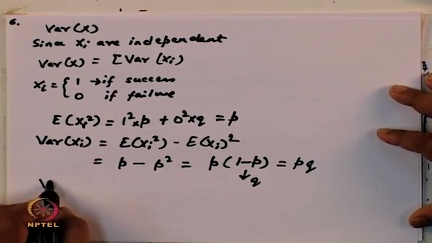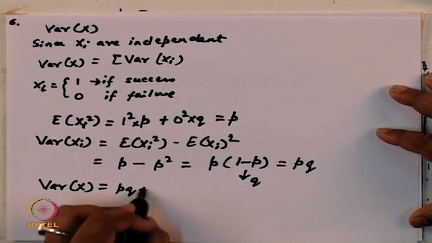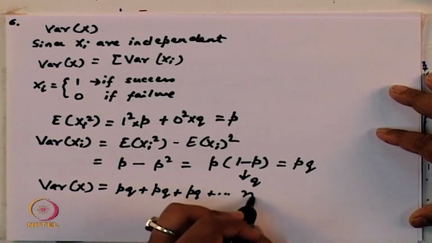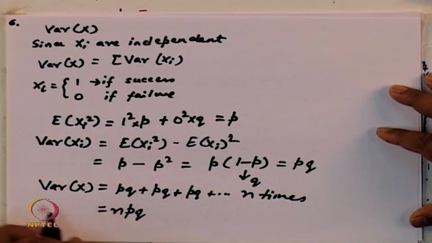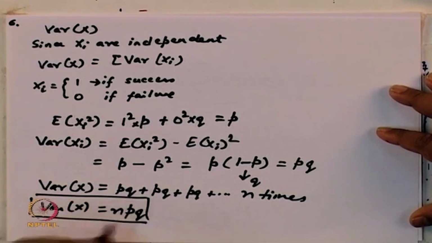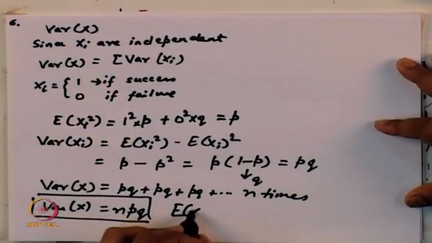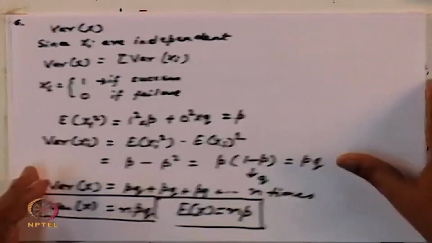So variance of X then becomes pq plus pq plus pq, n times. So for a binomial random variable with parameters n and p, we have the variance as npq and the mean as n times p.